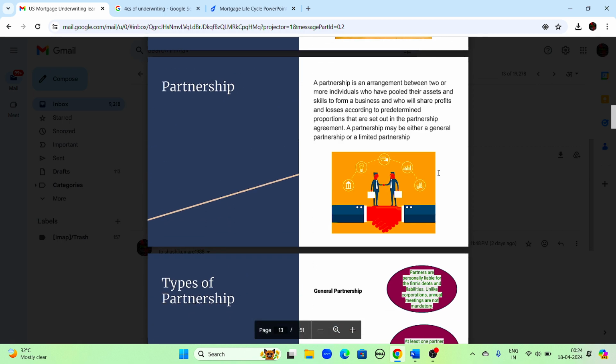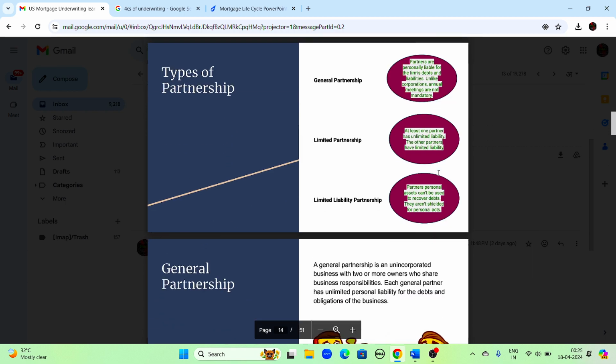Also, it's given here about the partnership. It's an arrangement between two or more individuals who have pooled their assets and skills to form a business and who will share the profit and loss according to the proportions set out in the partnership agreement. Types of partnership: general, limited, limited liability.